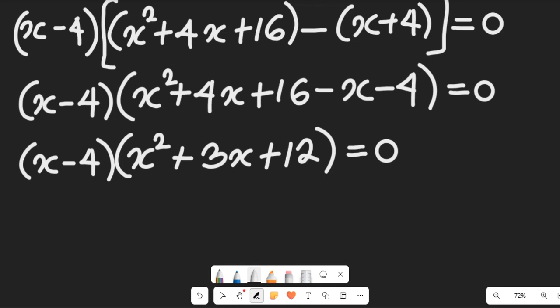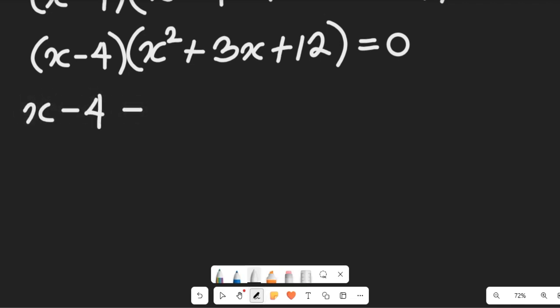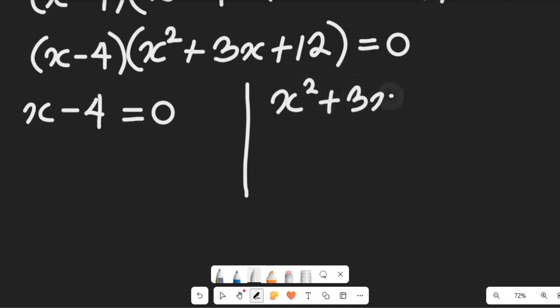Great. Now, this is what we call a zero product expression. So we're going to have x minus 4 equal to 0. And on the other side, we're going to have x squared plus 3x plus 12 equal to 0.